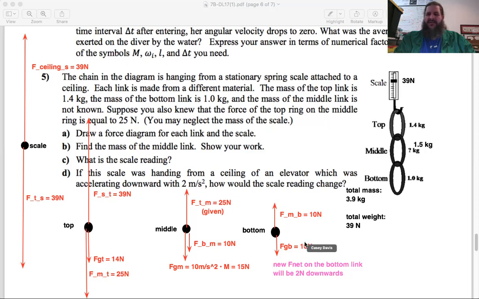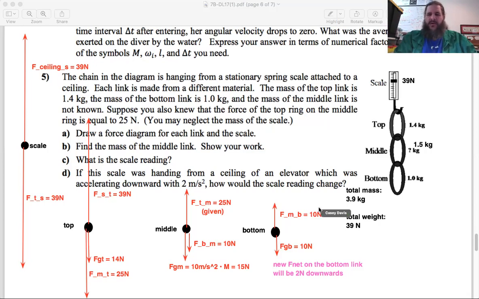Yeah, force of gravity is not going to change. That's always going to be mass of the object times acceleration of gravity. And mass isn't changing, and the acceleration of gravity doesn't change unless you move to a different planet, or move really high up in elevation or really low in elevation. So we assume the force of gravity does not change. This still has a true weight of 10 newtons. But it's the contact force with the middle link can change based on how tightly it's stretched.